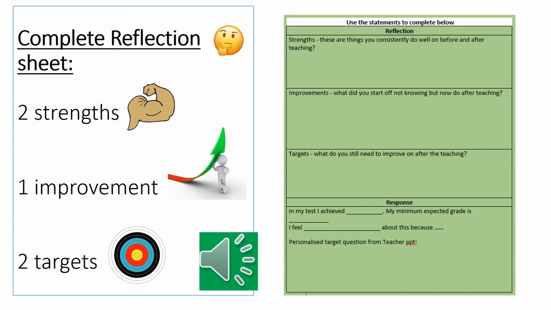So have a think about the test you did. Go back through your pages in your book, and what are you really good at? What is your strength? What is something that you didn't know at the start, but now you know? So it might be something about fossils or something about extinction, or it could be about data. And then think about what you're still not very good at.